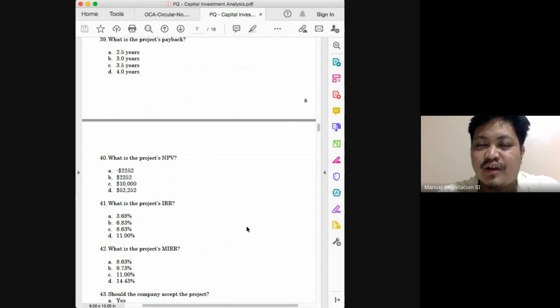So what you will have now would be the value of your inflows as of the end of the project and the value of your cash outflows as of year 0. So if you have a 10-year project, you will get the present value of your cash outflows as of year 0, and you will have another cash flow which would serve as the value of all your inflows as of year 10.